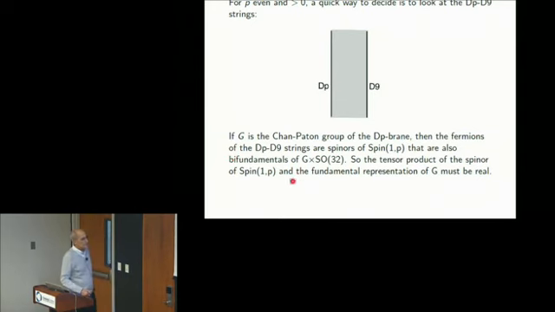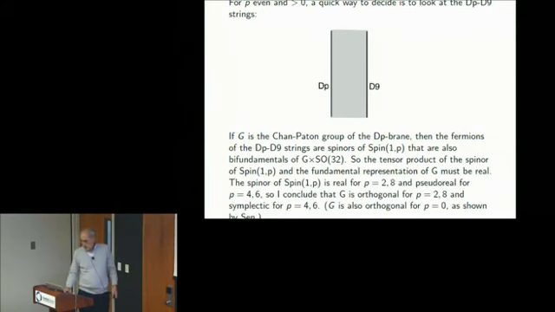So a certain tensor product has to be real. You learn that the Chan-Paton group is orthogonal for 2 and 8 and symplectic for 4 and 6. It's also orthogonal for 0, as Sen showed, by a variant of this argument.